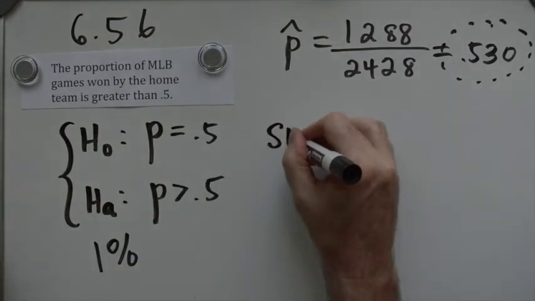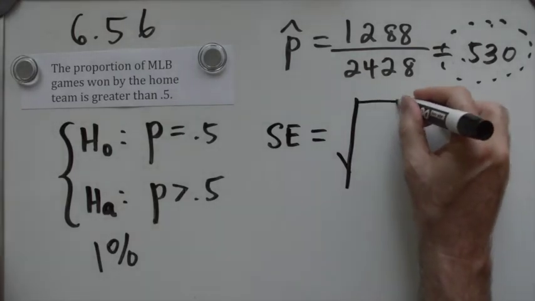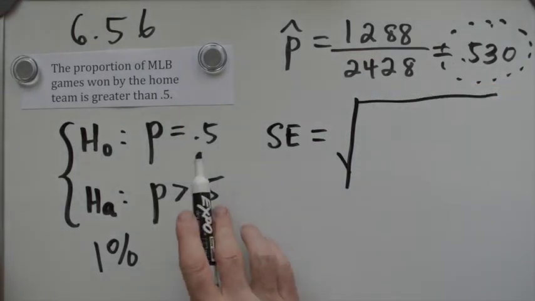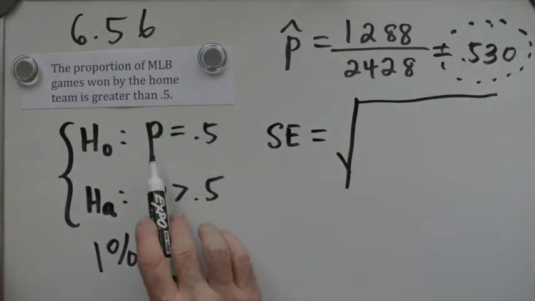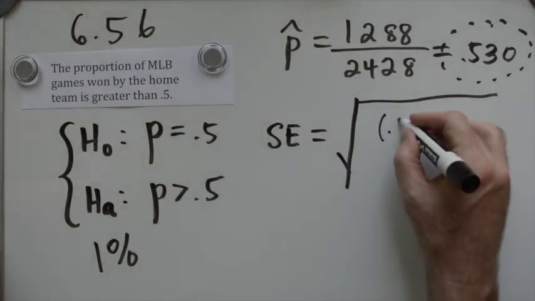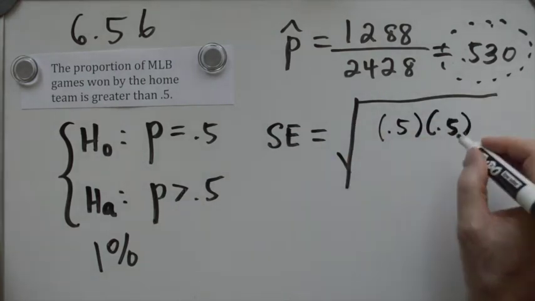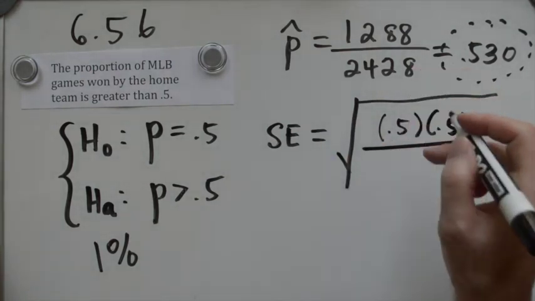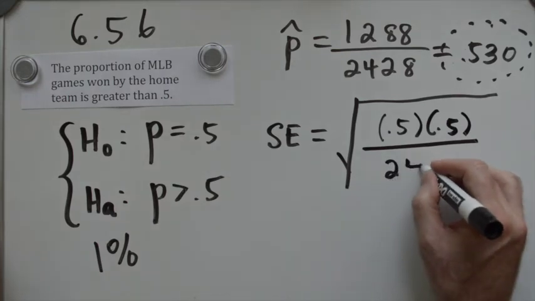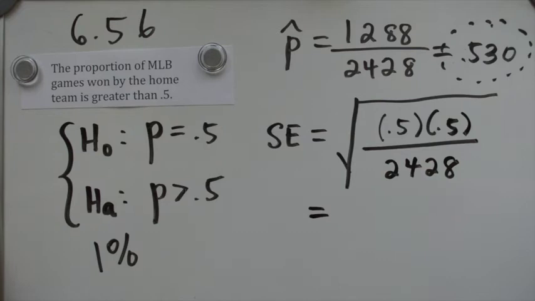It says that the standard error should be calculated by using the p that comes from the null hypothesis, 0.5, times its complement, which in this case is also 0.5, divided by the total sample size, which is 2,428, and that's going to give us the new standard error.